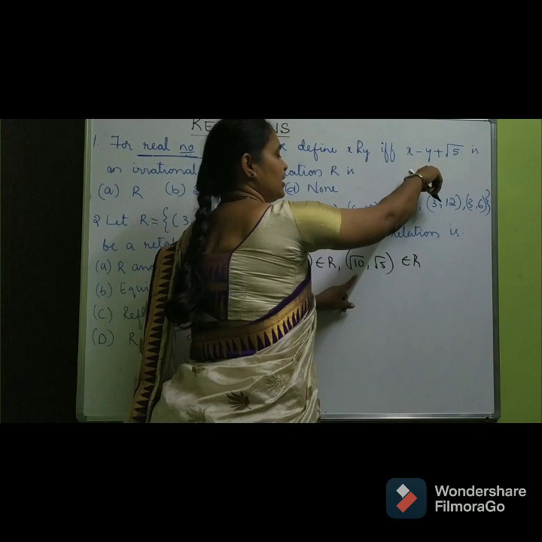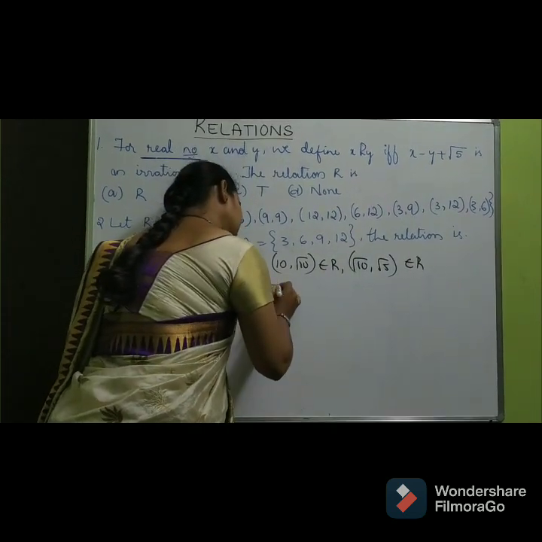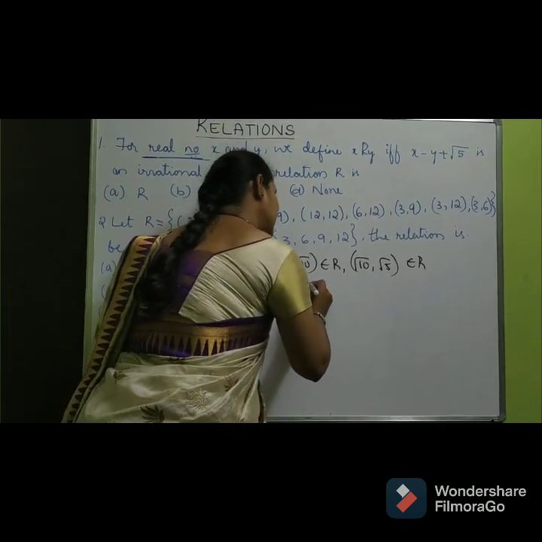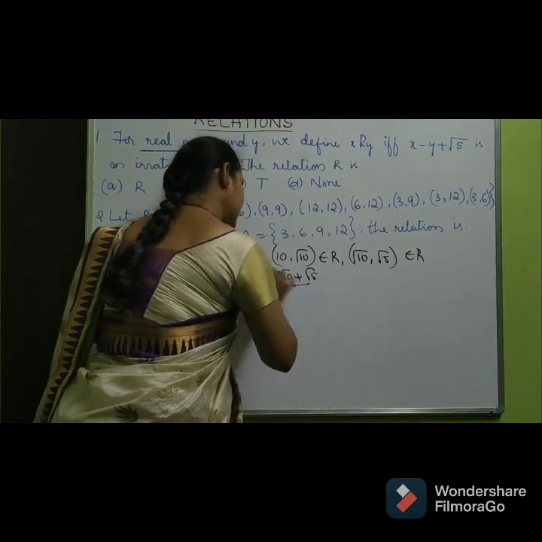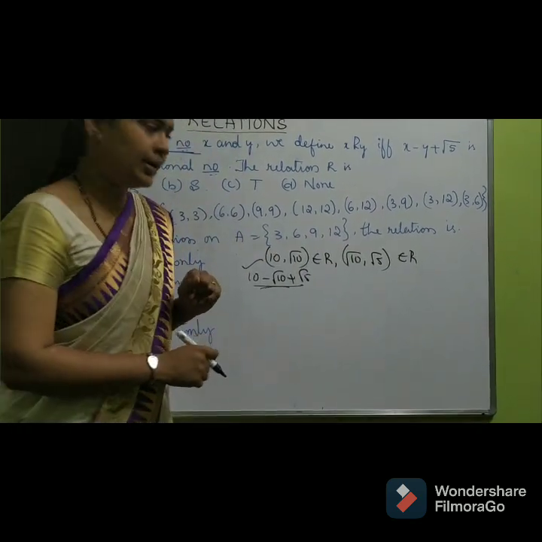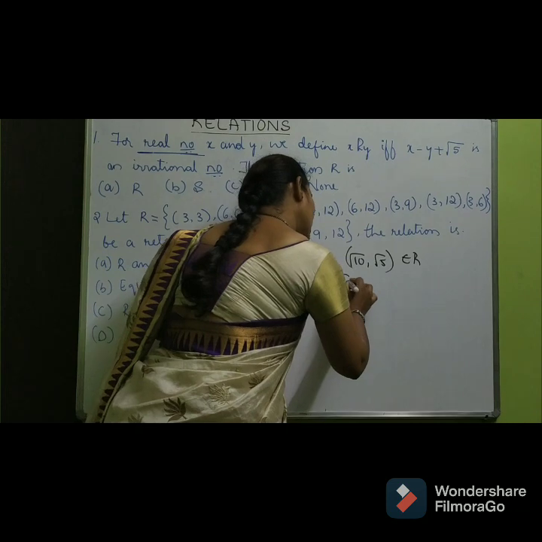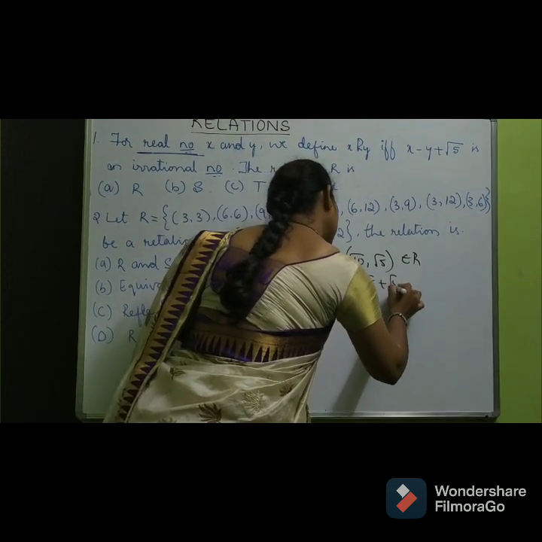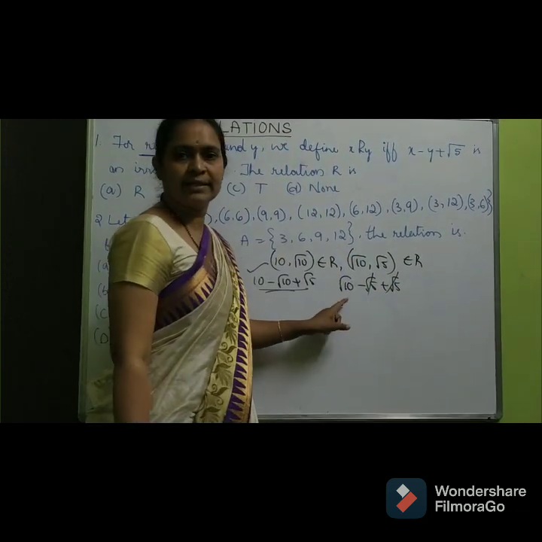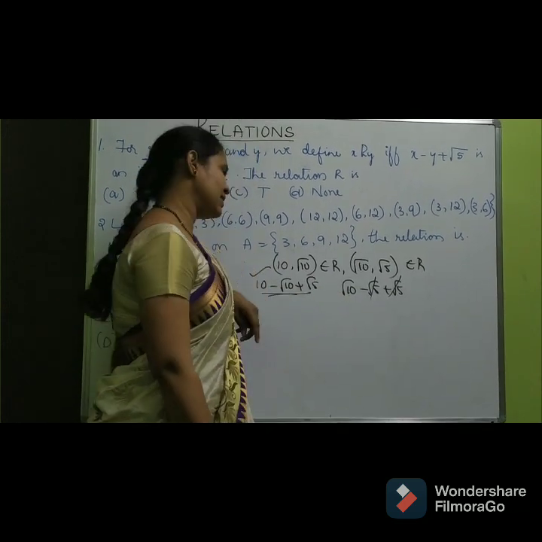Of course. And root 10 minus root 5 plus root 5: though the root 5 gets cancelled, root 10 is there, which is also an irrational number.